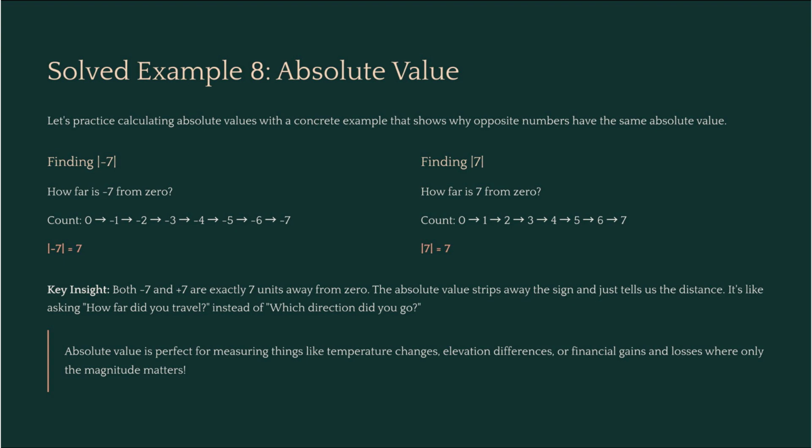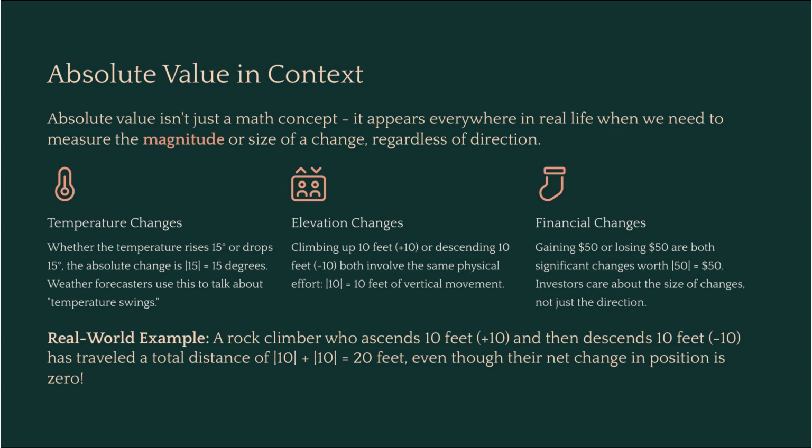Opposites have the same absolute value. Absolute value is used when we care about the size of a change, not the direction. If a rock climber descends 10 feet, we can represent that as -10. If they ascend 10 feet, it's +10. But the magnitude of the change, the distance they moved, is the absolute value, 10 feet, in both cases.